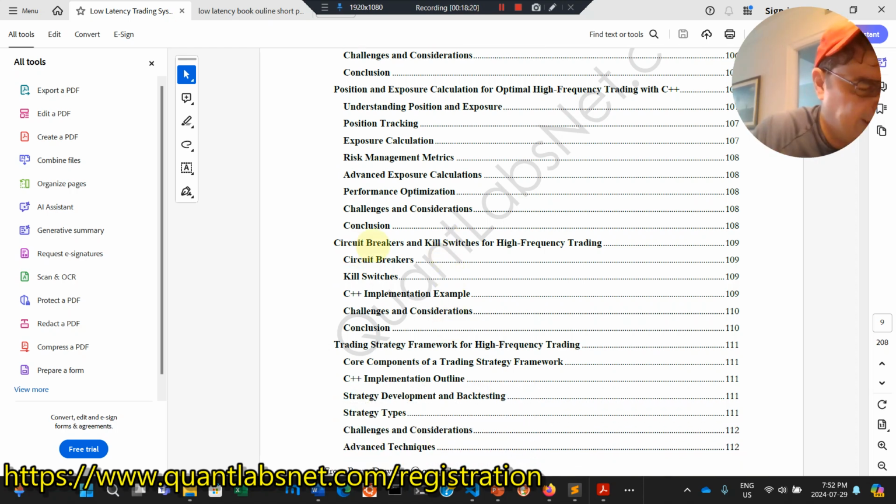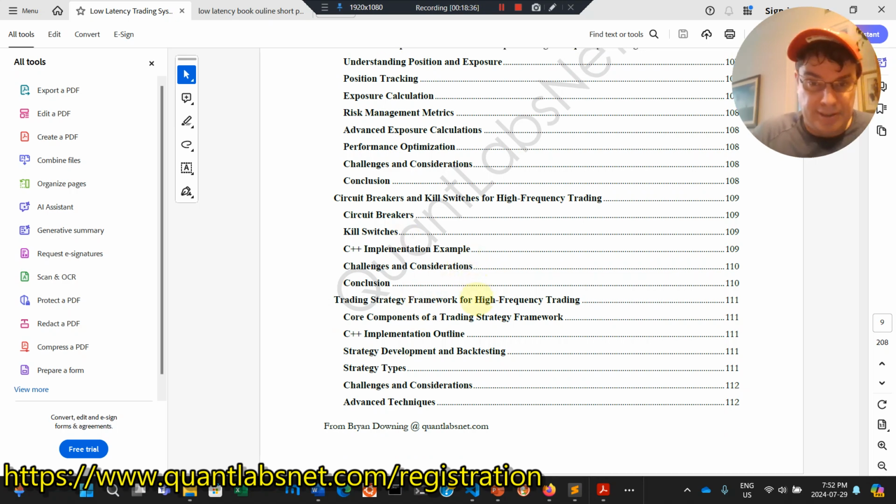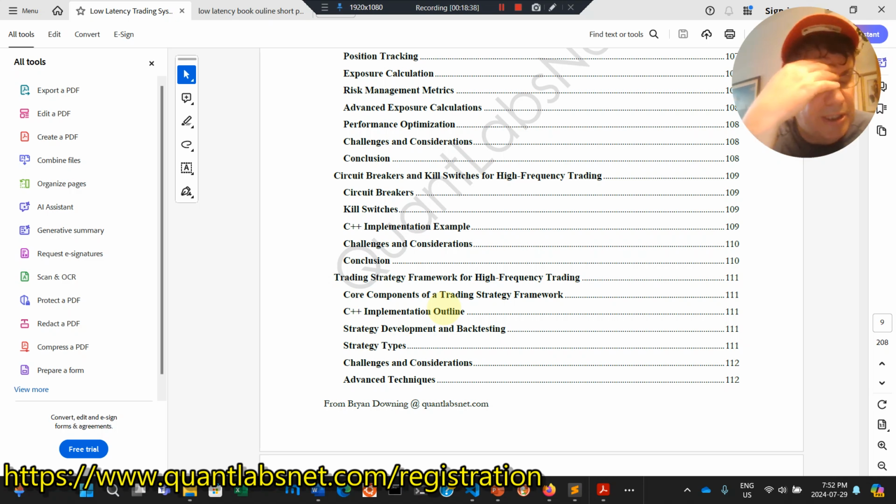Now, this is important in case you have a meltdown internally in your system, you will want some form of circuit breaker or a kill switch. So we talk about both C++ implementation of one, challenges and consideration. Now, the trading strategy itself.